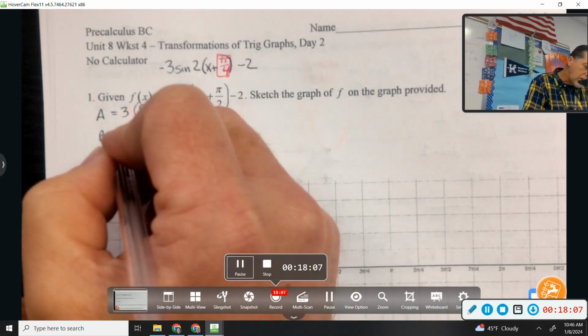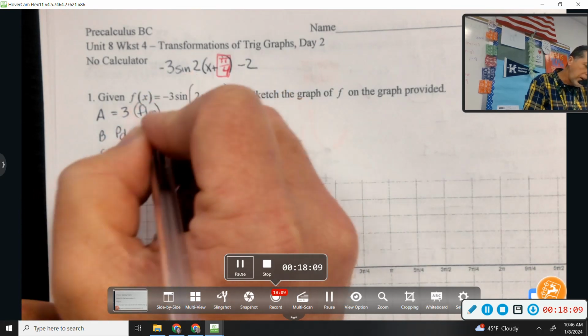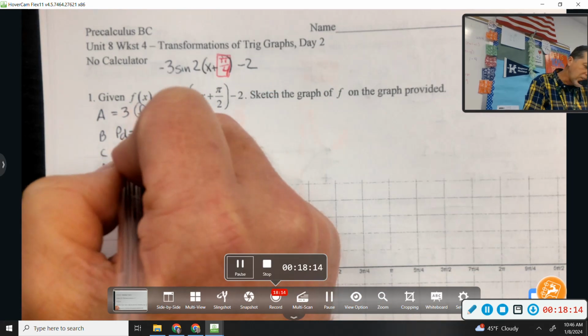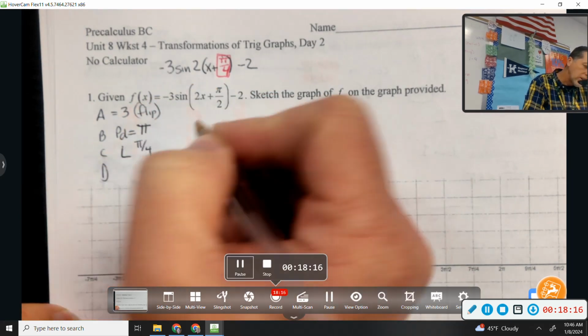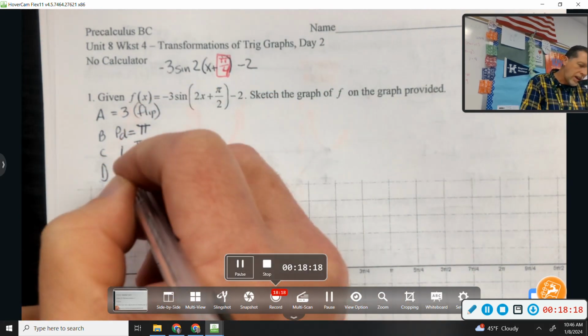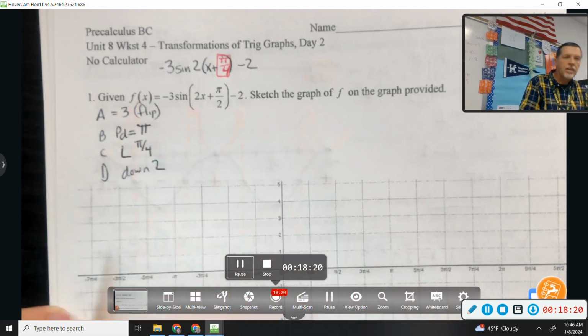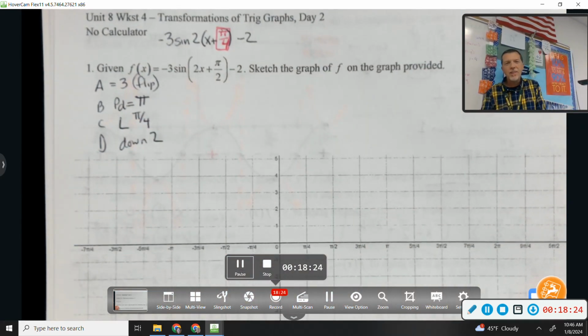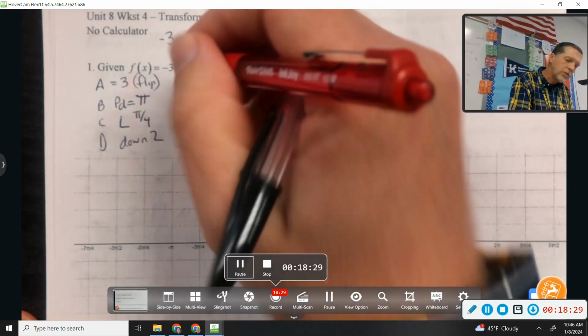The period is 2 pi over 2, so that would be pi. The phase shift is now left pi over 4. And we're going to go down 2. And probably straightforward after that, but that factoring the 2 out is the tricky part of that.